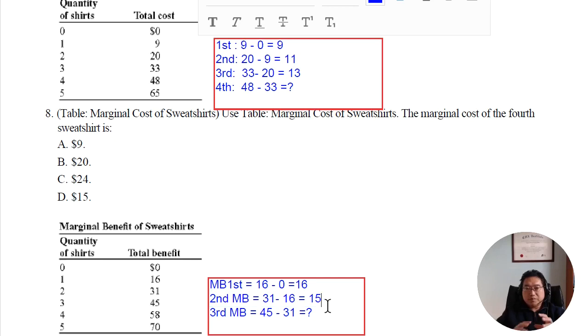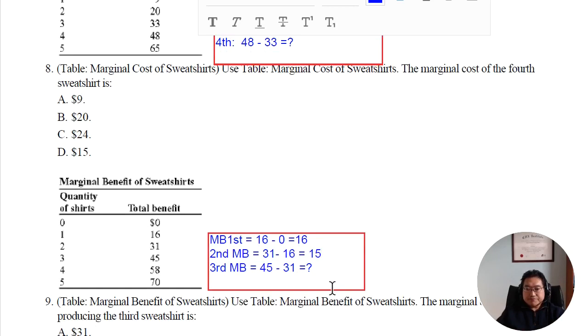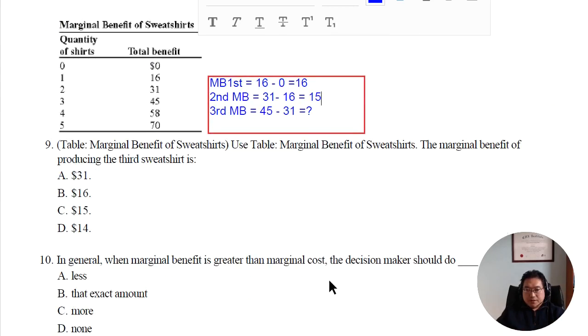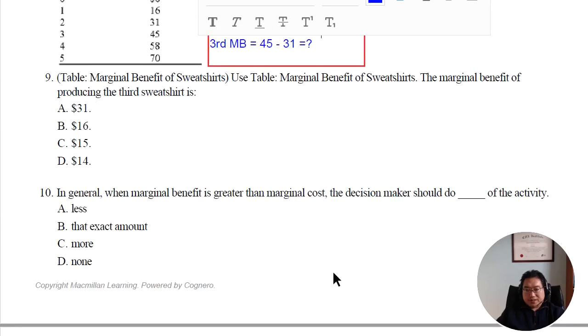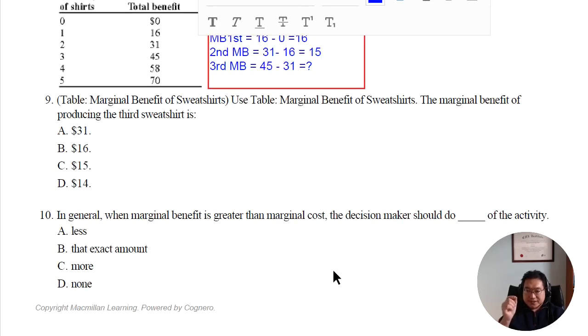So you will make an additional 4 units of net benefit. It's a positive marginal net benefit. You want that. You want your total benefit to increase. So you want to do more of that activity.